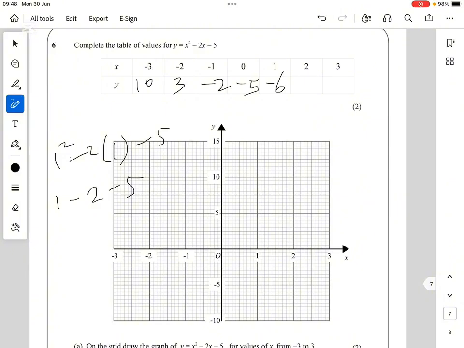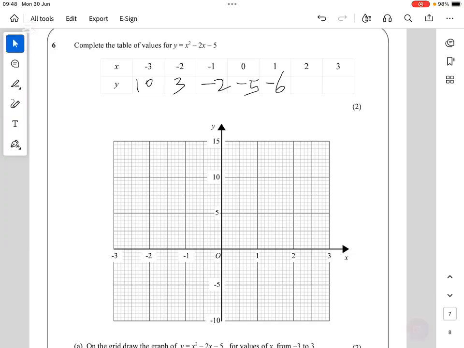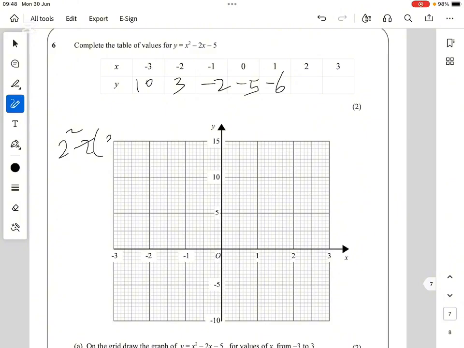Good. When x is 2, y is going to be 2 squared minus 2 times 2 minus 5. 2 squared is 4. Minus 2 times 2 is minus 4. Then minus 5. 4 minus 4 is 0, so the answer will be minus 5.